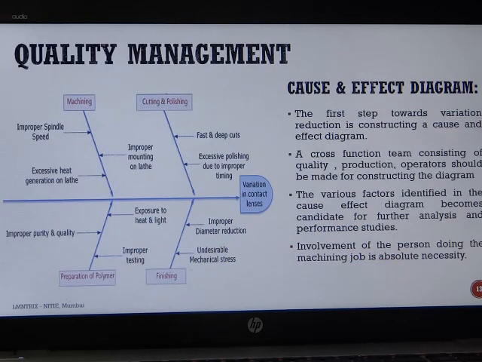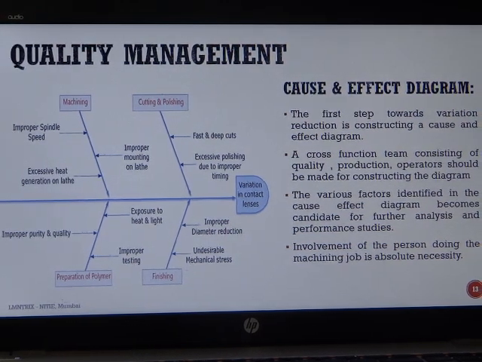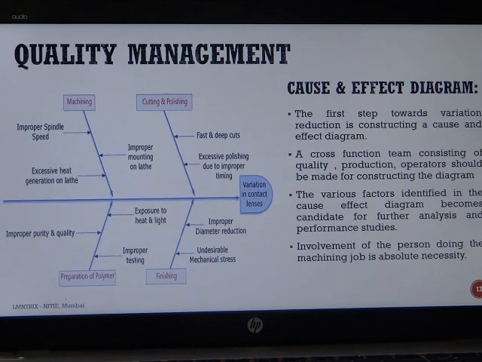Now after inventory management, we come to quality management. The third issue which GIM faced was the huge variation in the production process. The first tool which needs to be applied is the cause and effect diagram, which will give the probable causes of the variations.